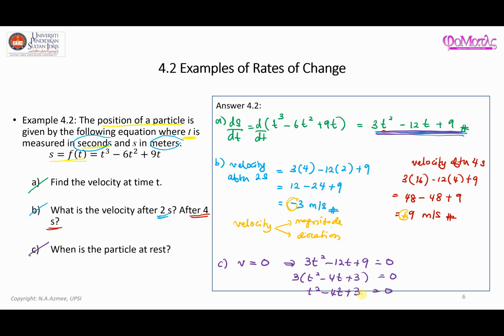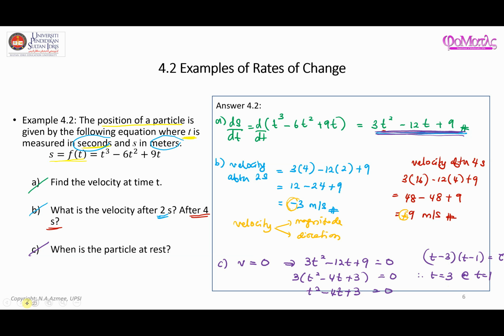Based on this, we can write the expression in terms of factors: t minus 3 times t minus 1 equals 0. Therefore, t is equal to 3 or t is equal to 1. These are the times when the particle is at rest.